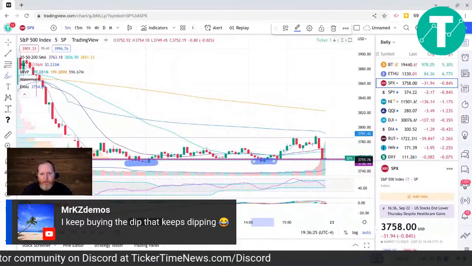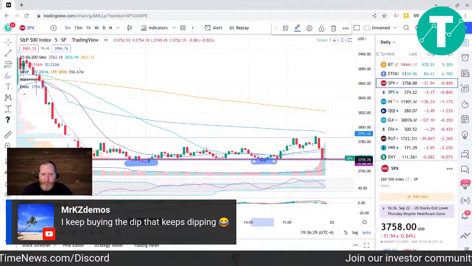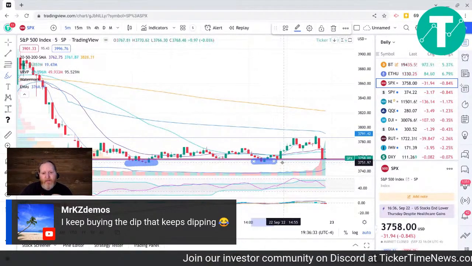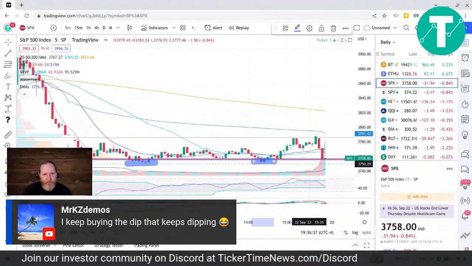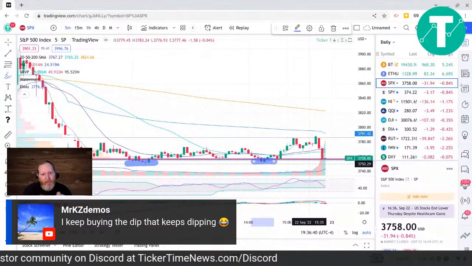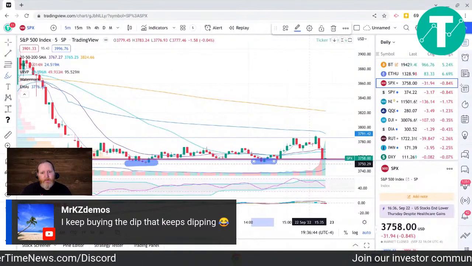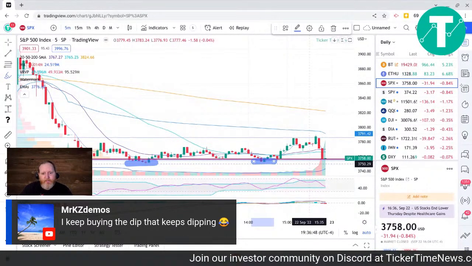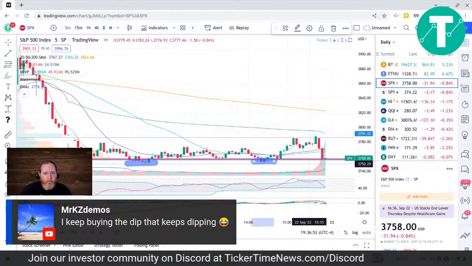So let's call it a nice easy number, 37.50. 37.50 is support. We need to keep that 37.50 support. We're 8 points above it right now. If we can keep that 37.50 support, then there is a greater likelihood that we see a bounce, especially on increased volume.